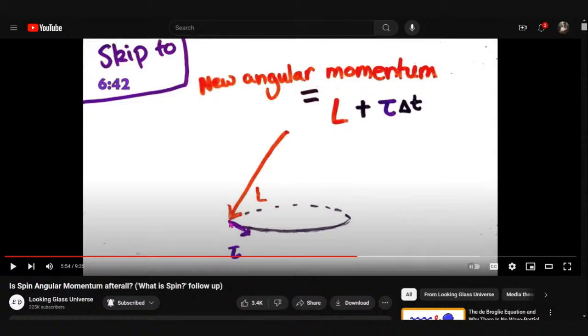This is the force times the radius. This is the force applied here in this direction. This is not how we denote it.